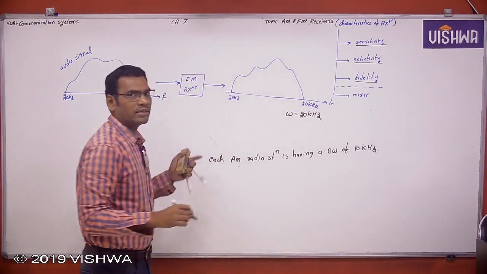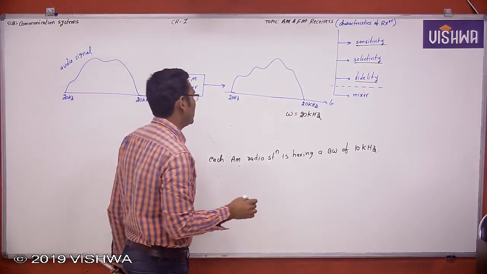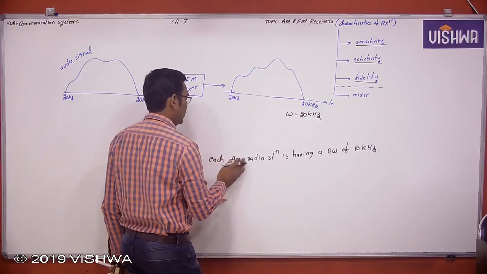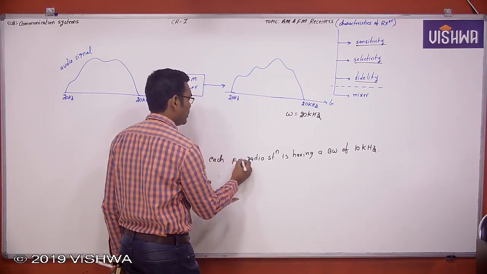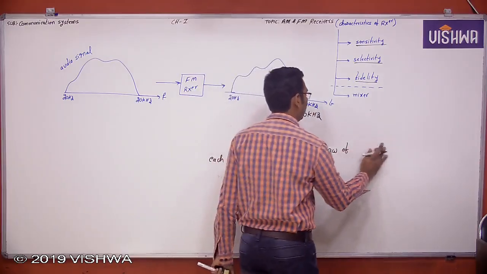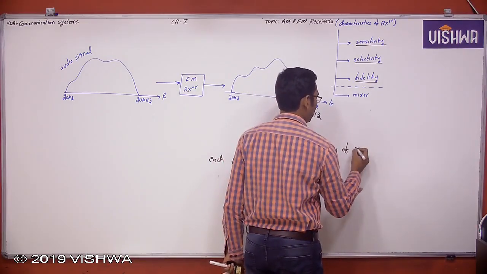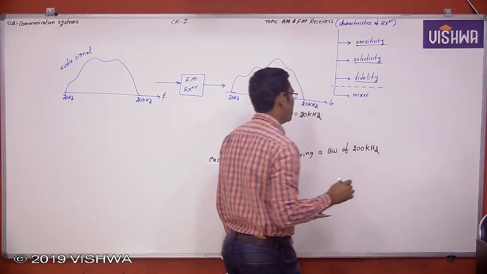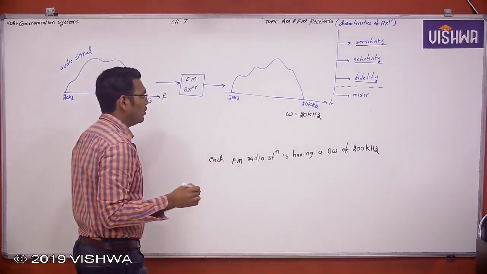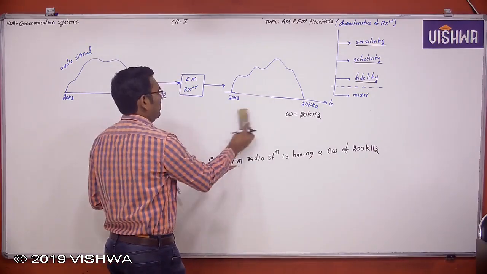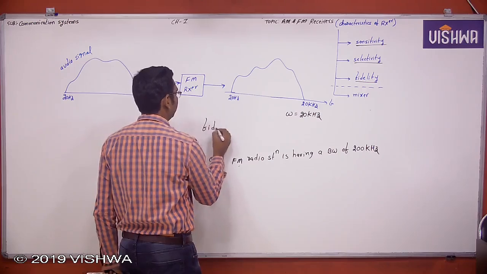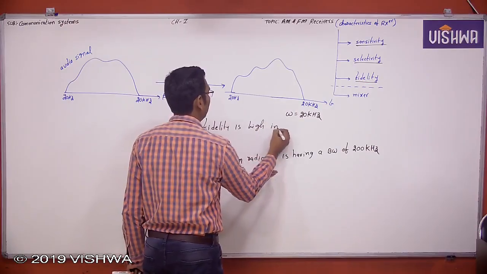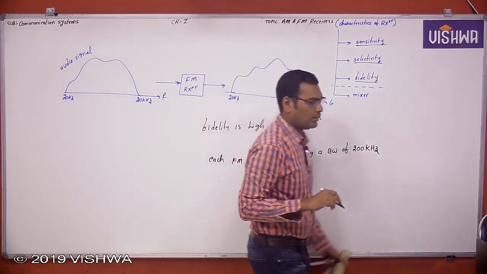Therefore, almost all audio frequencies are reproduced at the output of the receiver, and each FM radio station is having a bandwidth of 200 kHz. Okay, so fidelity is high in FM transmission.